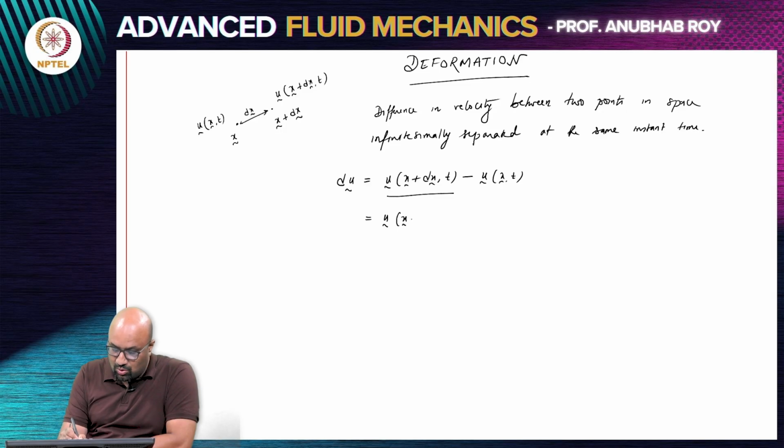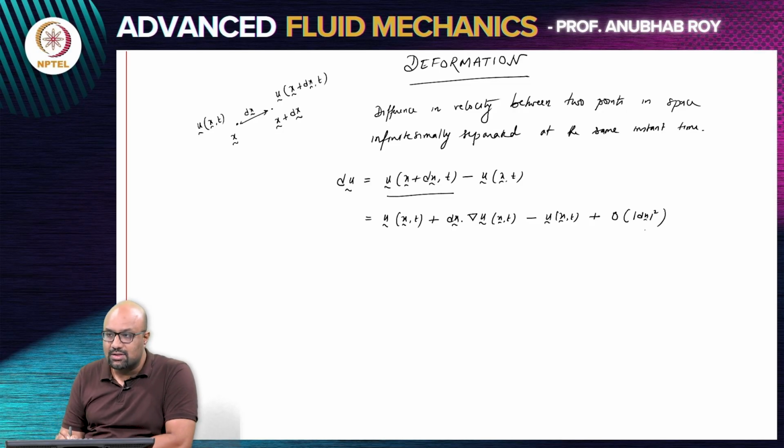So, this would be u at x plus dx dot del u at x comma t minus u at x comma t, and the terms that we are ignoring are in magnitude quadratic in the separation or higher.